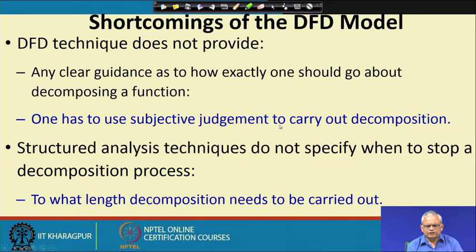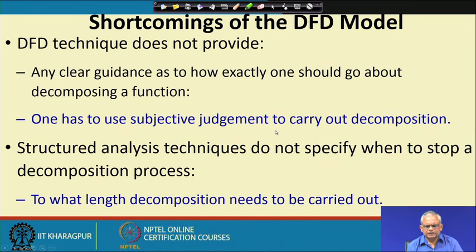We have already seen that how to decompose is not clear. We just say that a bubble should be decomposed in the next level: take one bubble from a higher level and then decompose it, but we never said how to decompose it.